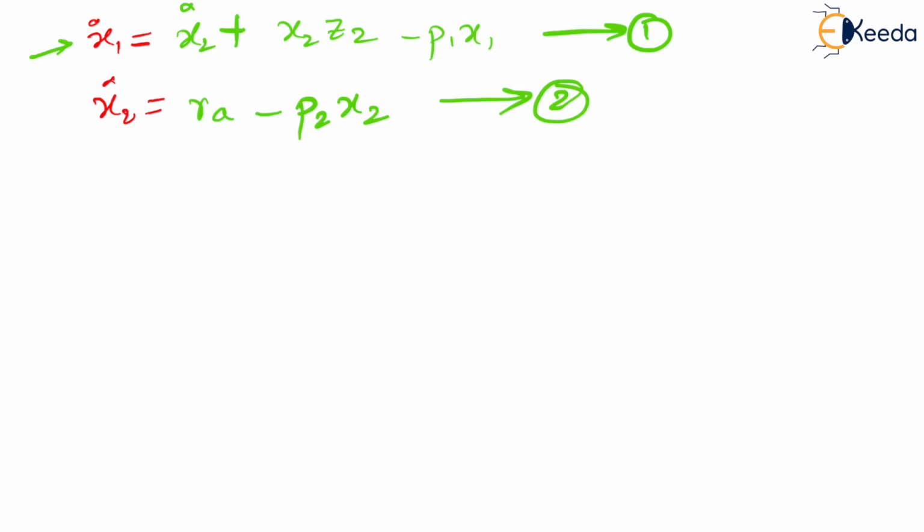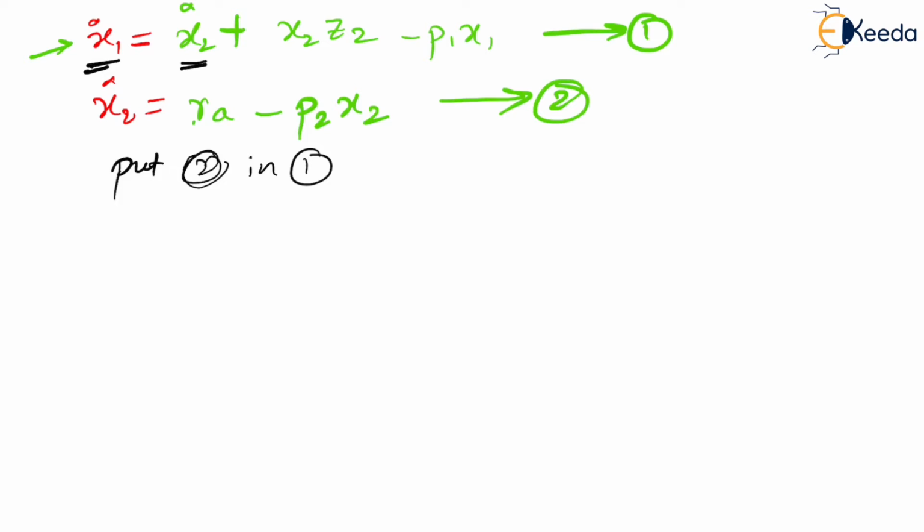Now x2 dot is already there. Please put 2 in 1. What do you get then? You will get x1 dot, because in the x1 dot equation you also have x2 dot. If you put 2 in 1, then that x2 dot will get eliminated.